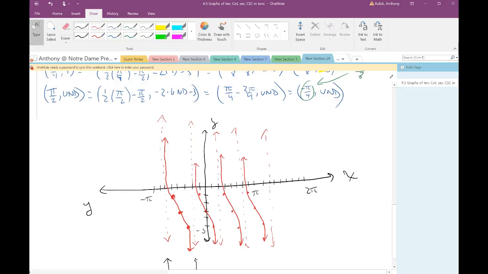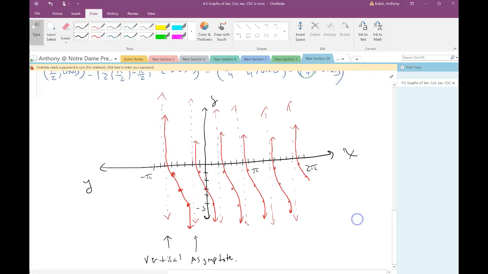Everybody okay with that? So again, I'm just going to kind of keep repeating. And there's me up through 2 pi, so that is going to be good enough.